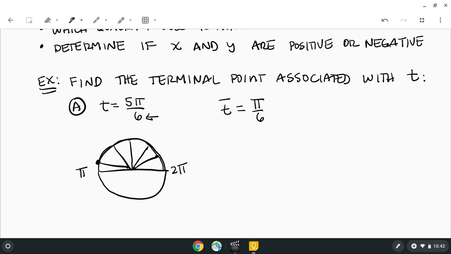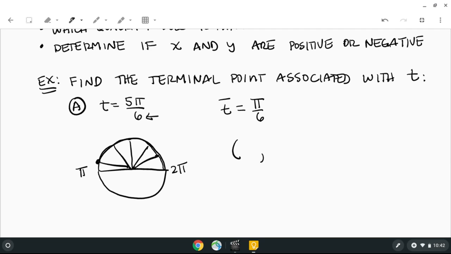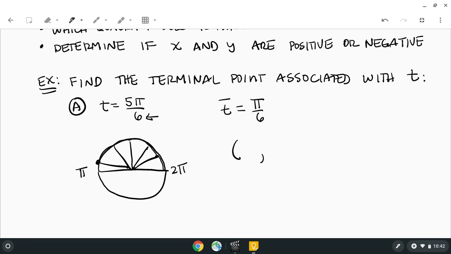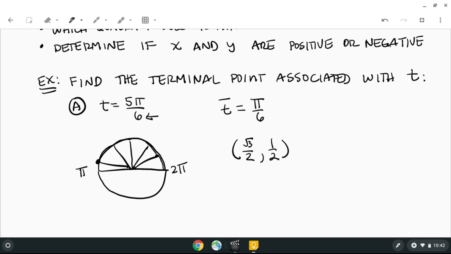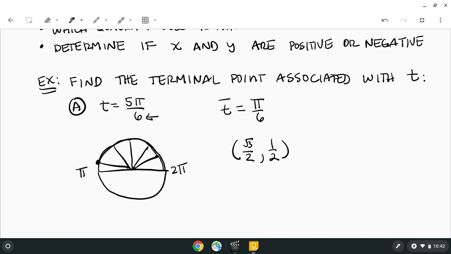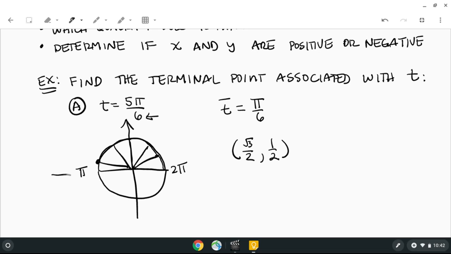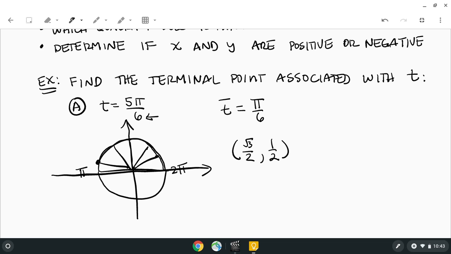Therefore the point that is associated with this is going to be square root 3 over 2, 1/2. But now let's take a look at the quadrant that it's in. If you imagine x and y axes here, we see that the point is in quadrant 2.